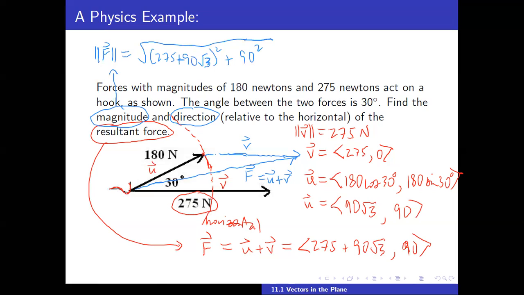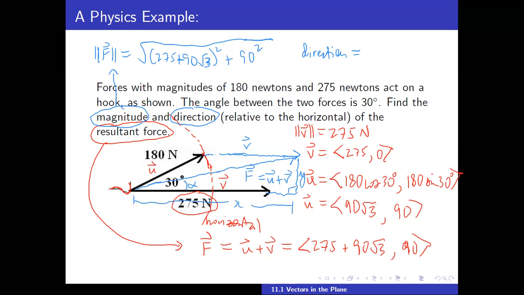And how would I find, pray tell, the direction? So that's the magnitude. How would I find the direction? Yeah, so I would use arctangent to handle that, yeah? If I wanted this angle right here, let's call it alpha, okay? What I would have to do is think about this right triangle right here, and I would have this x coordinate and this y coordinate right here, okay?